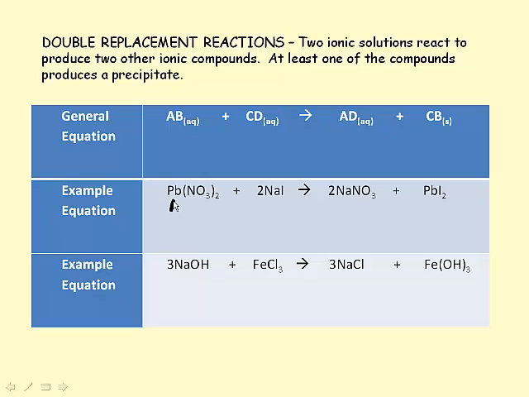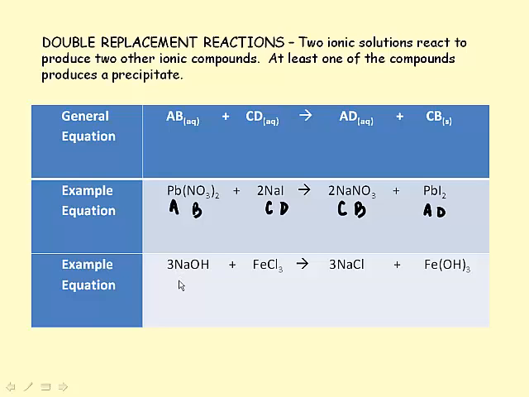If we think of Pb as A and NO3 as B, and if we think of Na as C and I as D, we end up with CB and AD.